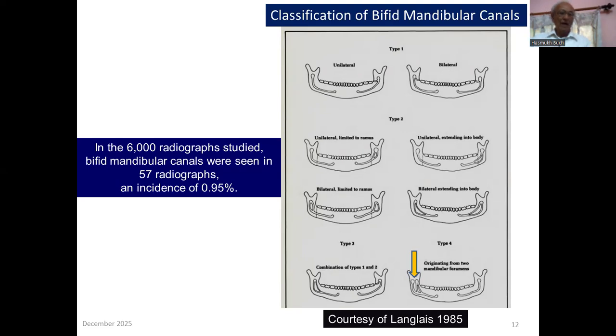The study by Langlais, 1985, and obviously one would like to clarify which kind of radiograph. Were they OPG? We have to confirm. And now the different classes which are shown here, I will show you.